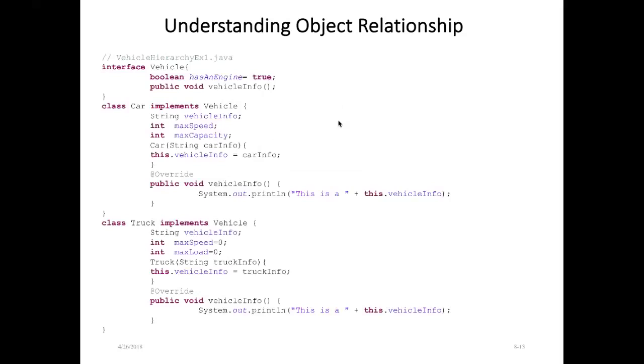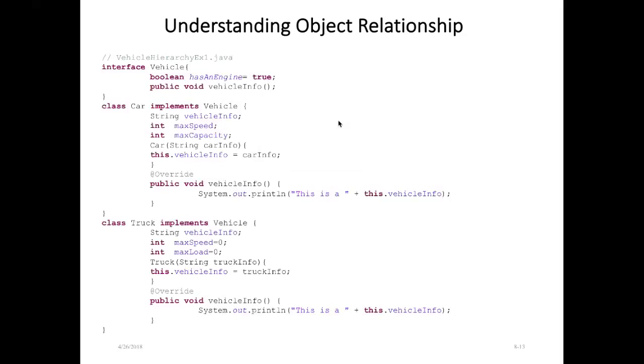For instance, here I have an interface, vehicle. This vehicle has a boolean hasEngine property, and it has a public method, vehicleInfo.